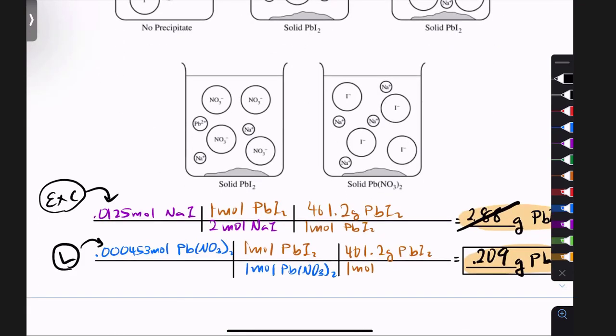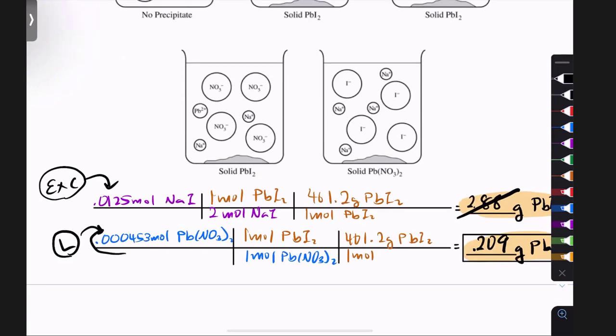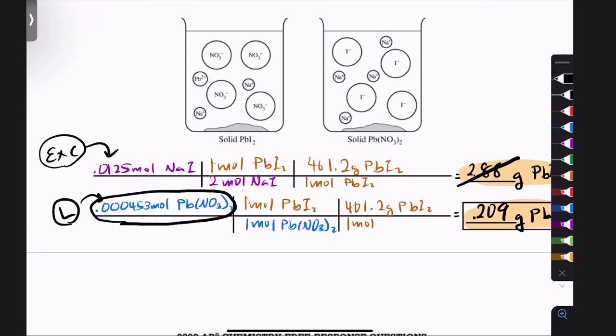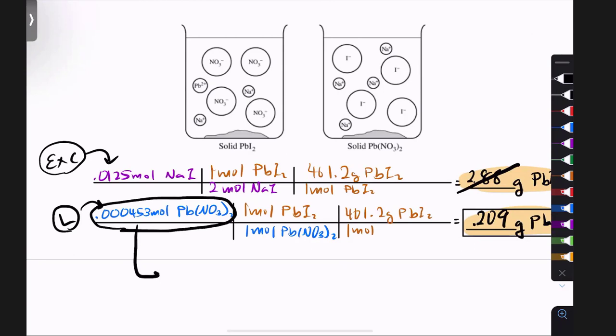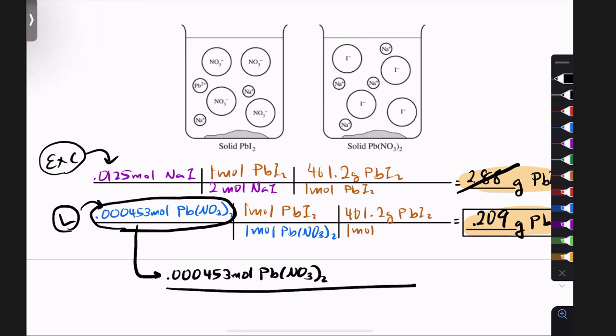Going down here, knowing that there were this many moles of Pb(NO3)2, for every 1 mole of that Pb(NO3)2, there are 2 moles of nitrate ions found in there.